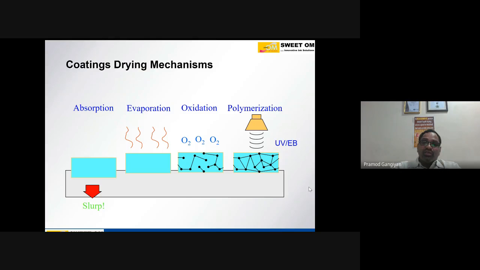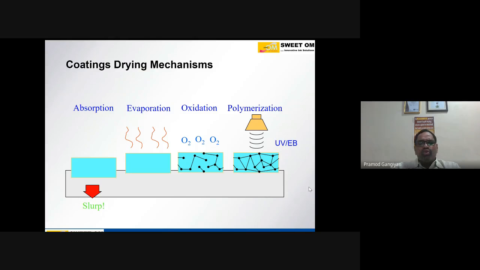There are certain curing processes which can be done only in the presence of either UV beam or electron beam or electromagnetic beams. So those types of coatings are known as either UV coatings or EB coatings, electromagnetic beam curable coatings. These coatings cannot cure by themselves unless some UV light is put onto them. That is why we call it UV coatings. But UV coatings are not human friendly.